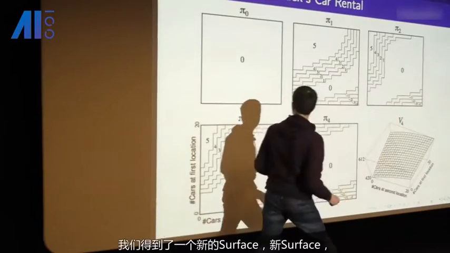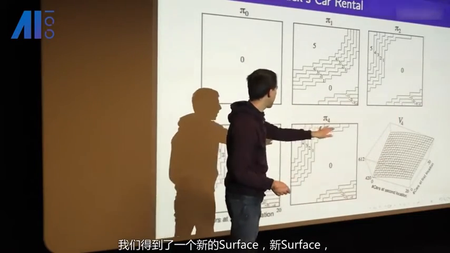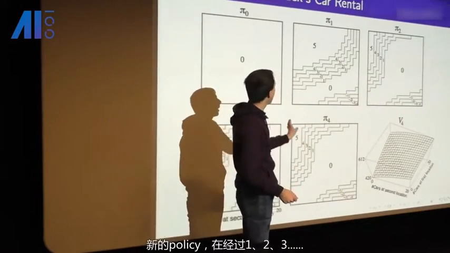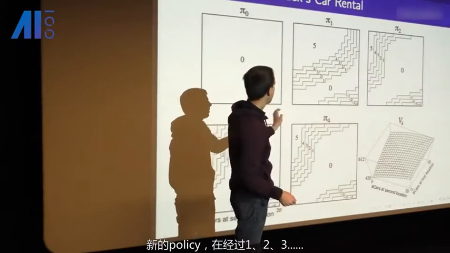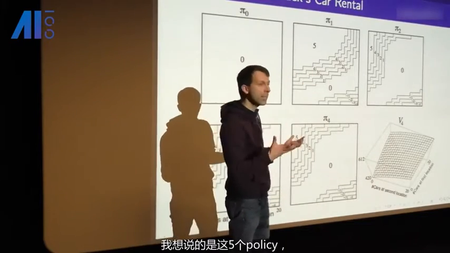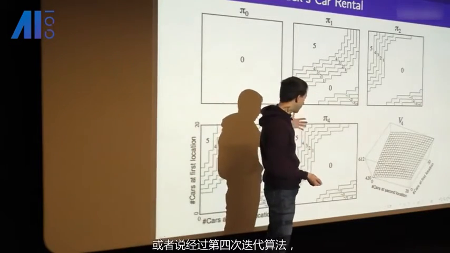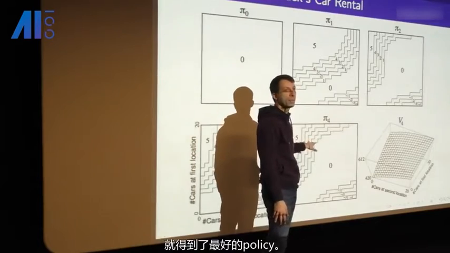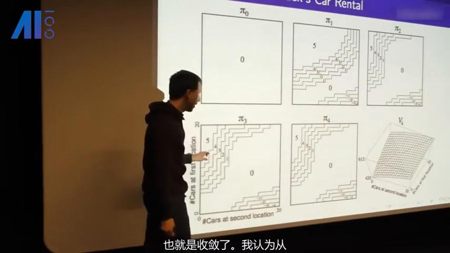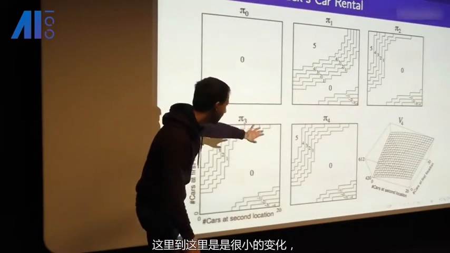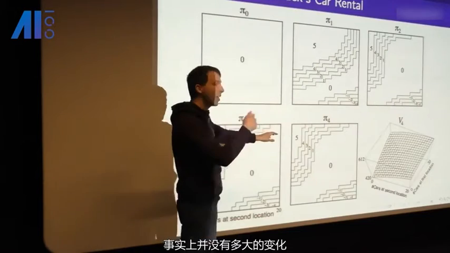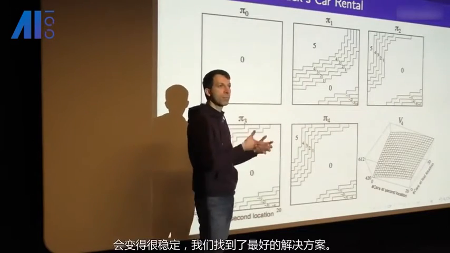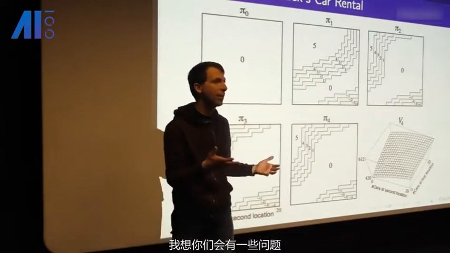We come up with a new surface, new policy, new surface, new policy, and after 1, 2, 3, so I guess these 5 policies, on our 5th policy, or the 4th iteration of the algorithm, we already have the optimal policy. This is converged now. I think there's still a small change from here to here, but after this it doesn't change anymore. The problem stabilizes, it finds the optimal solution.